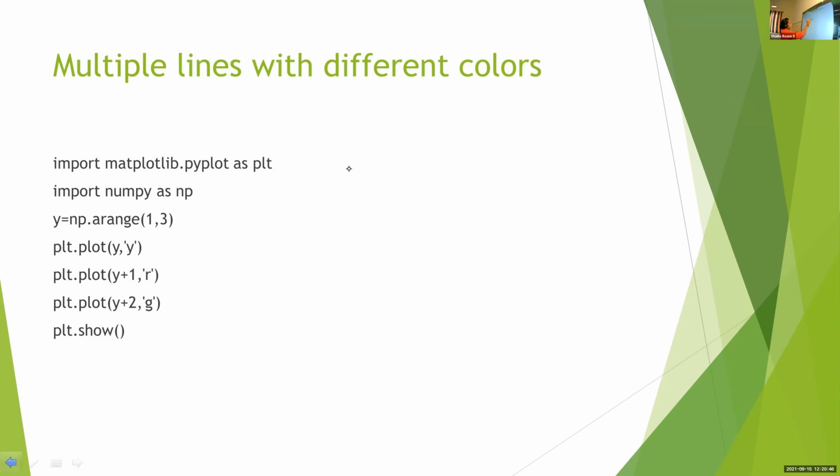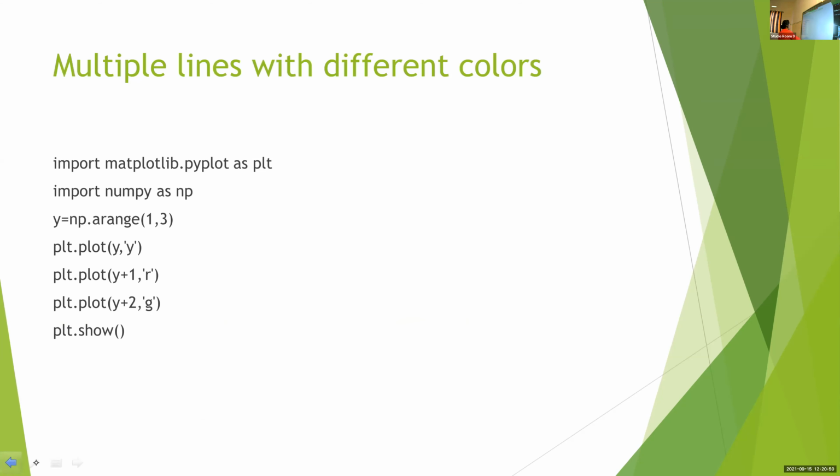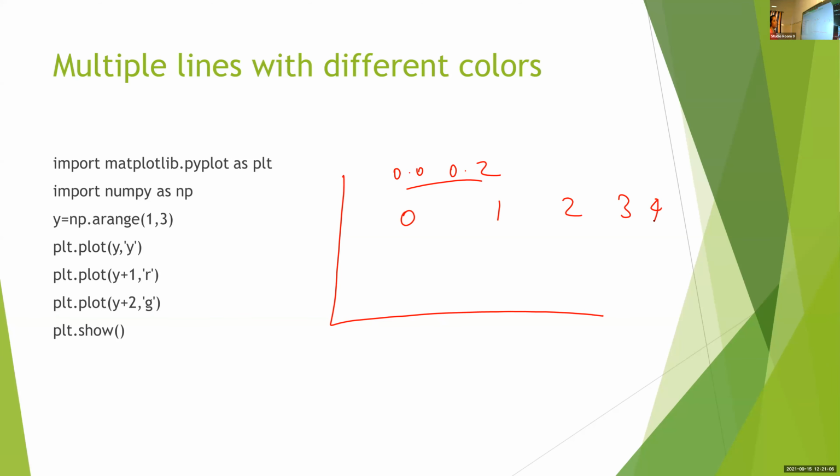You just correct that default x value. The default x value is not 0.0.2. It is not this one. It is 0, 1, 2, 3, 4. You just correct it.